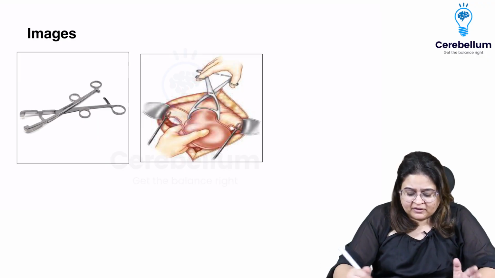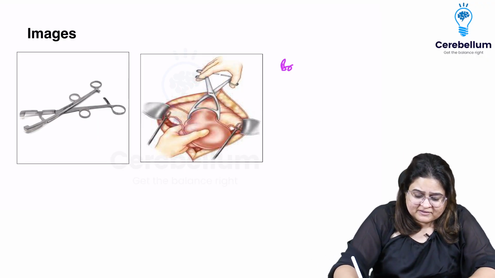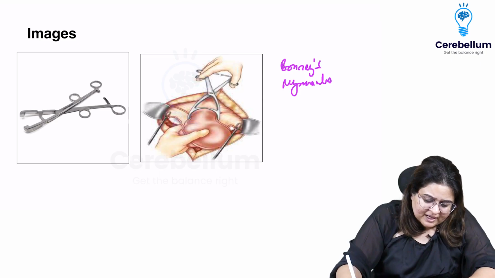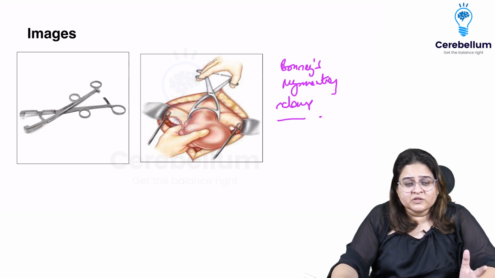Now some images which you should know from the topic of fibroids. This is a Bonney's myomectomy clamp. Remember, fibroid surgery, myomectomy, is a very bloody surgery. So there are a lot of things we do intra-op to reduce blood loss.